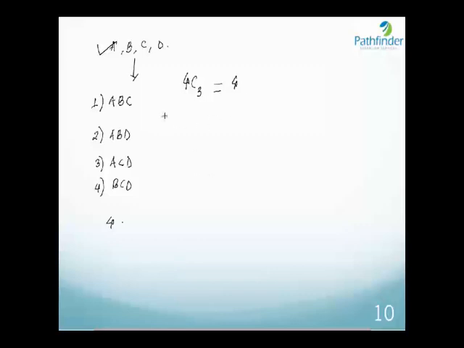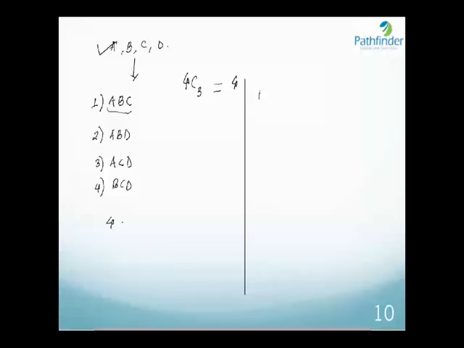Now, what is the difference between selection and permutation, or combination and permutation? If this were a question of permutation, then for each group that I have selected, we would also have 6 possible arrangements.